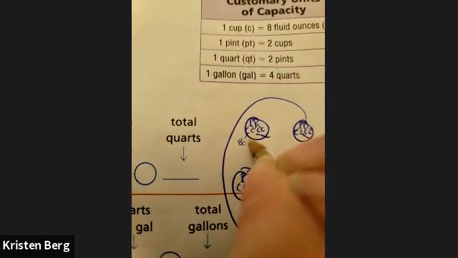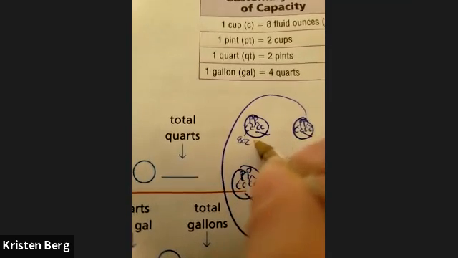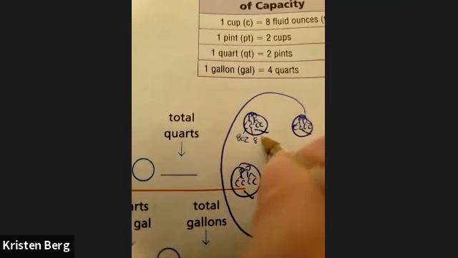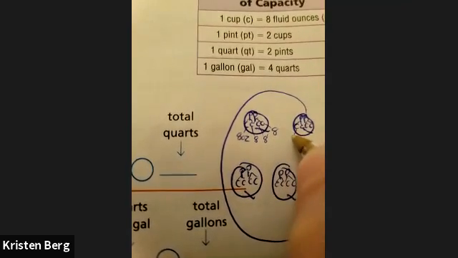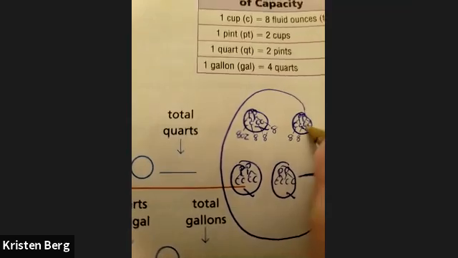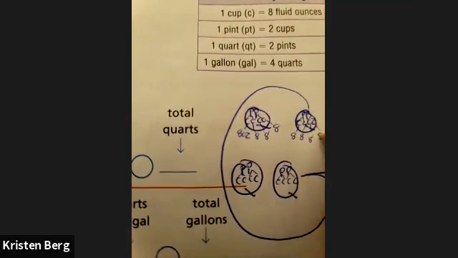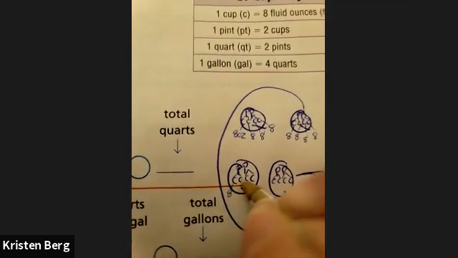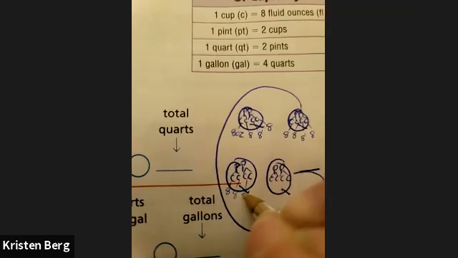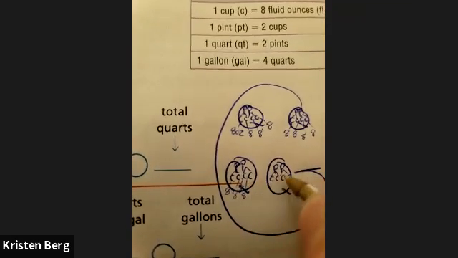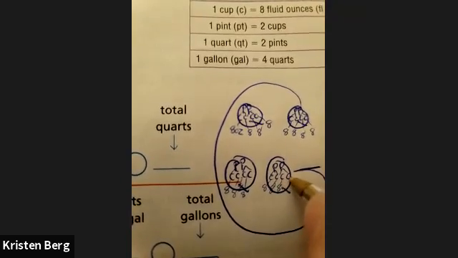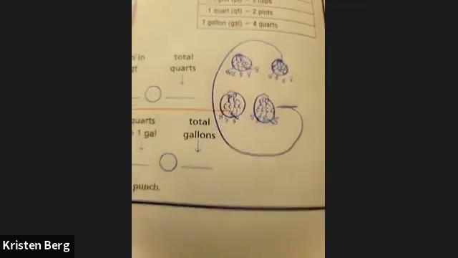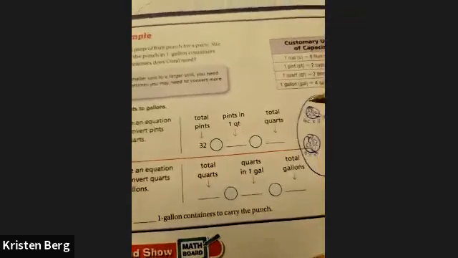So instead of saying outfits, I'm going to say OZ for ounces, because that's truly what that 8 is for. A cup is 8 ounces. All right, so now I can use this to help me answer my questions.